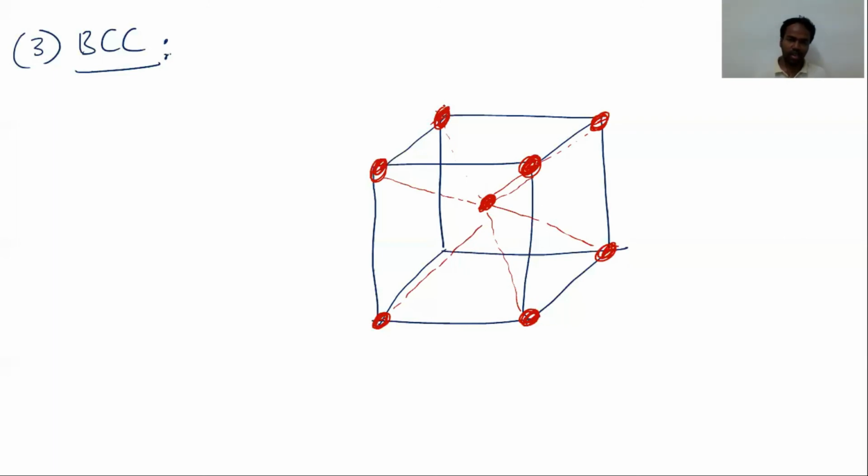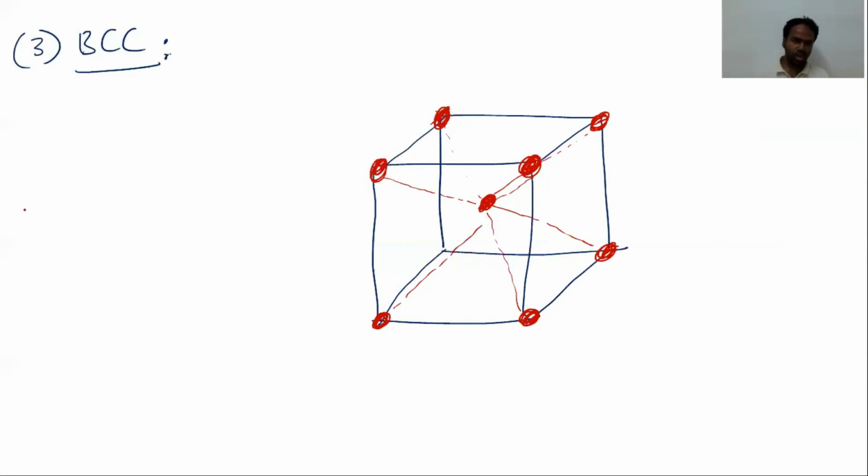But if we take one corner, the corner is common for how many unit cells? Total 8 unit cells. Every unit cell has one center, so 8 unit cells have 8 centers. These 8 centers are the nearest neighbors for this corner.